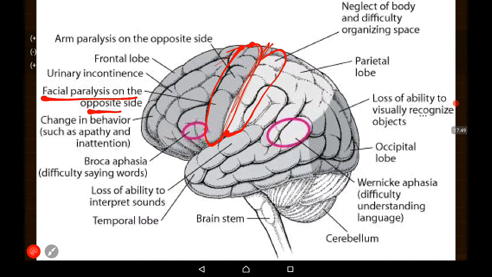Also we will characterize the Broca area, that is the part of the frontal lobe, and that part is responsible for ability to say words.